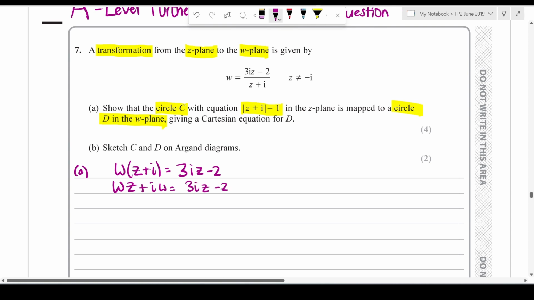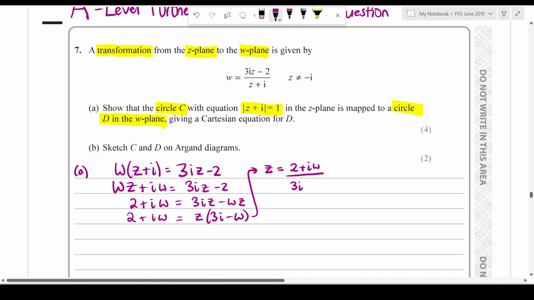Get all the Z's on the same side, so I've got 2 plus IW is equal to 3IZ minus WZ. Factorising out the right side, we've got Z times 3I minus W. So that tells me that Z is equal to 2 plus IW over 3I minus W.